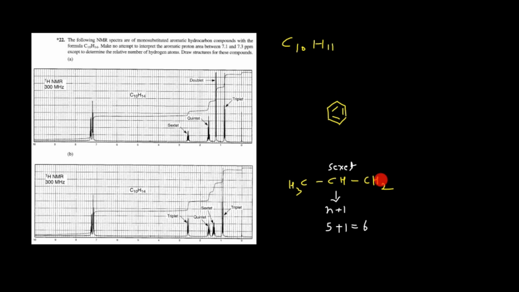So now you can decide the splitting pattern of this one as well as this one. For this one, definitely you will get a doublet, because in the neighbor you have only one proton. So you'll write n+1, simply 1 plus 1 equals 2. So it's a doublet. And one thing is sure: since this is producing a sextet, only CH3 and CH2 would be possible on the left and the right hand side, and there is no other substitution of the carbon atom on this particular carbon which has the hydrogen again.